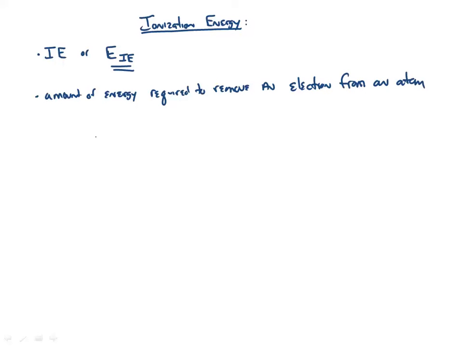And so what we're looking at, for instance, is lithium going to lithium plus an electron. And it turns out that ionization energies are always positive, because it always takes energy to separate charges.